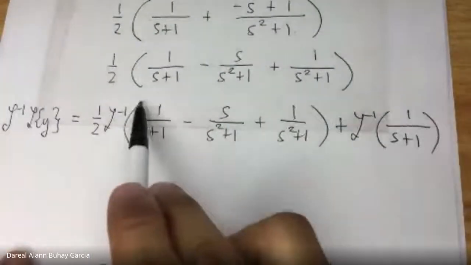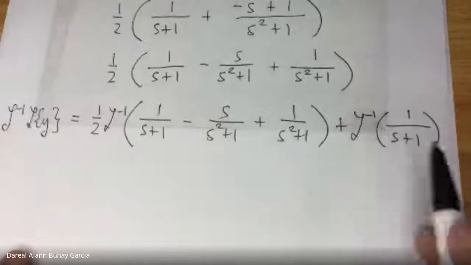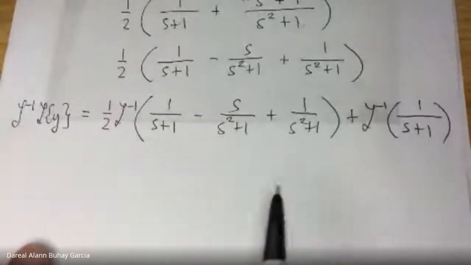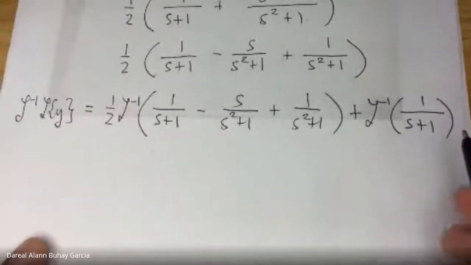These are supposed to be braces, not parentheses, for the Laplace notation. It's okay, it's minor.